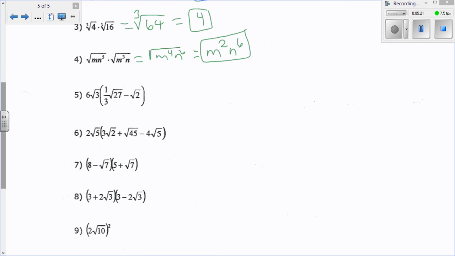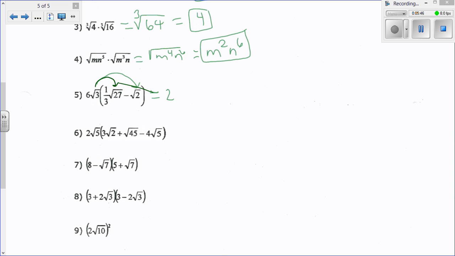Number 5 is where things get a little bit different because I start to introduce parentheses, and we have to do distribution. So when I multiply the first time, I multiply the outsides, so it's 6 times 1/3, and 1/3 of 6 is 2.